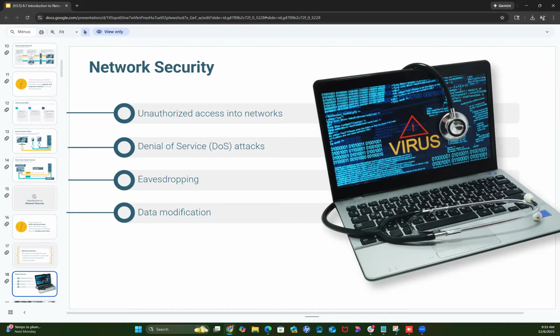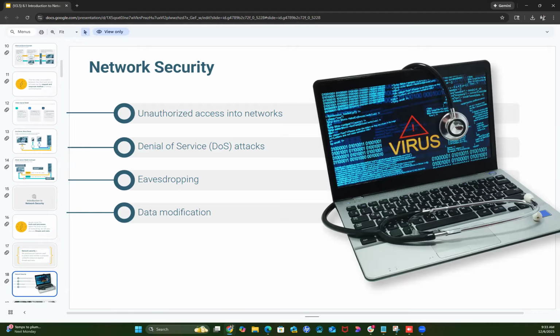We made a DDoS attack on our server. When we start these topics, we will show you practically how a DDoS attack happens. Data modification, for example, is when an attacker steals your data and modifies it without your knowledge.